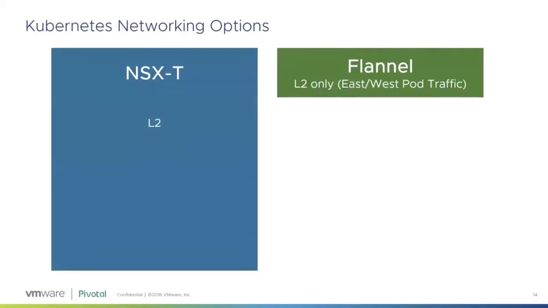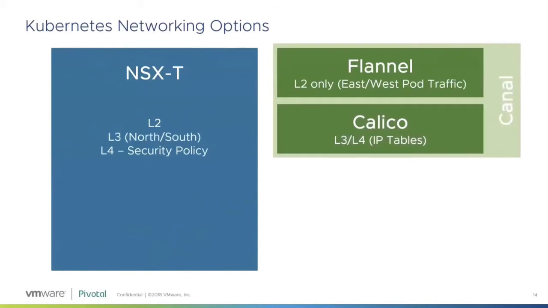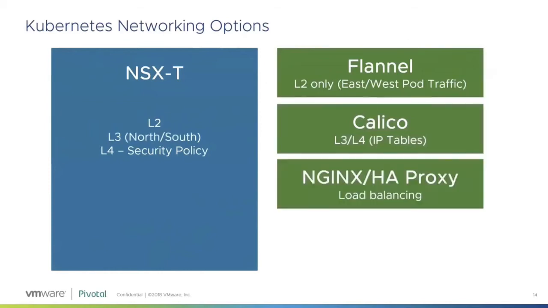Of course, NSX will provide that layer 2. Calico, if you want to get in and out of the cluster or provide security, you're going to need a technology called Calico. Of course, NSX provides layer 3 and layer 4 as a part of NSX. The culmination of those two is sometimes referred to as Canal, but that doesn't necessarily mean that there's a single install or a single API you go to. They're still 2 separate products.